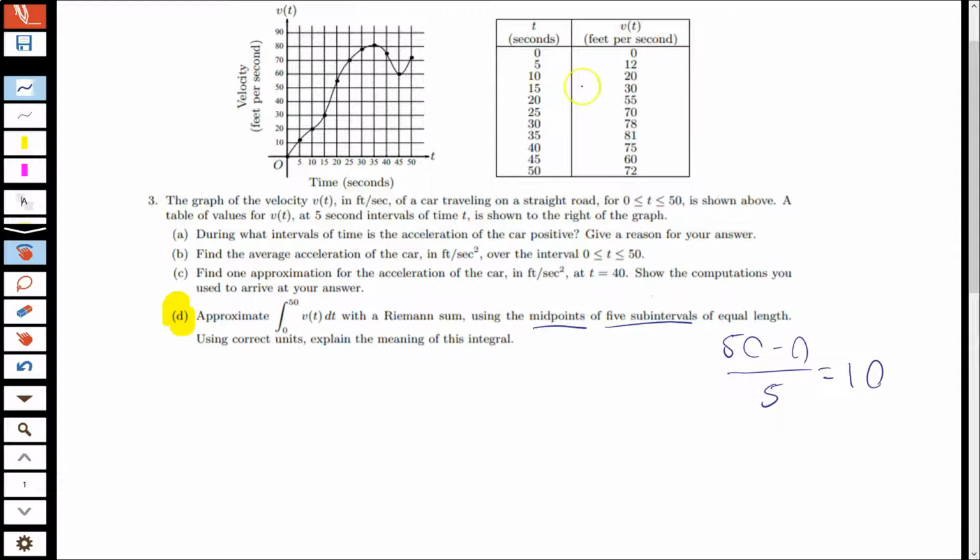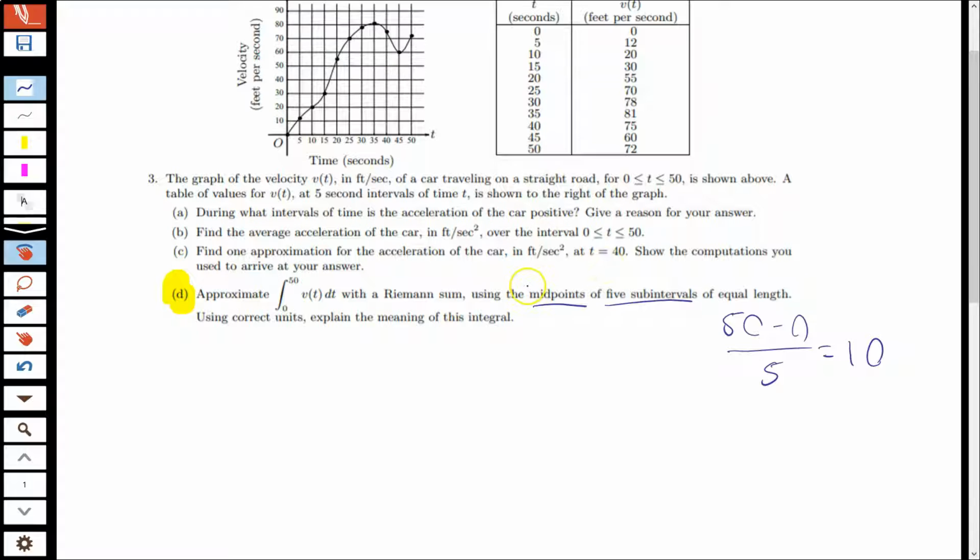So what I'm going to do is make a table that only has my subintervals in it, and we'll see how this works out pretty quick. It works out nicely for us. So we're going to use from 0 to 10, 10 to 20, you can see where this is going, 30, 40, and 50. So my subintervals are going to be between these t values.